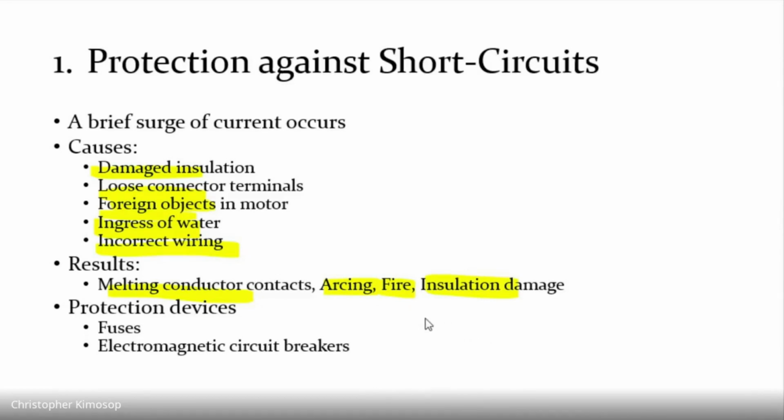So how do we protect them? It is as simple as fuses. Fuses are designed to open the circuit when the current is too high. In these kinds of cases, we have currents that are beyond what is safe for the motor.